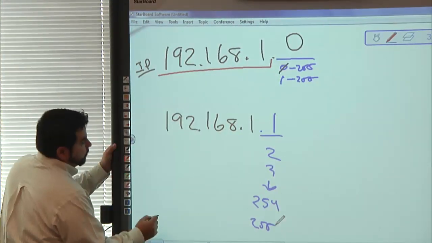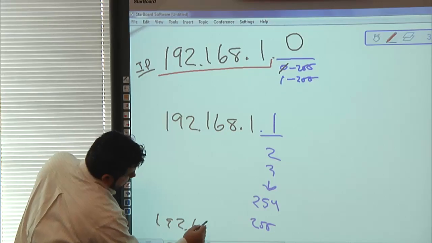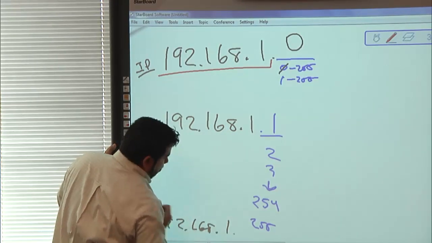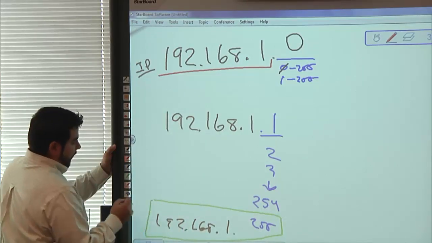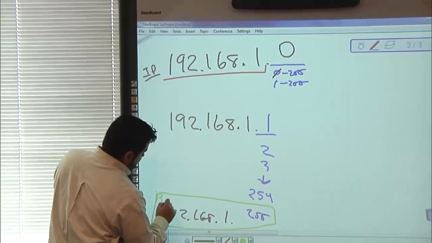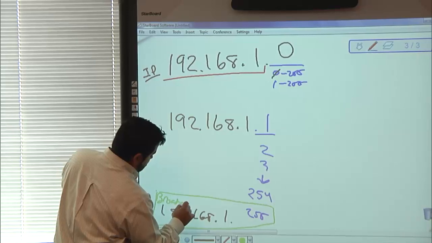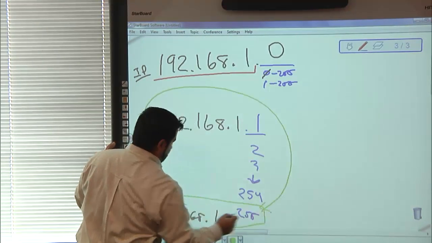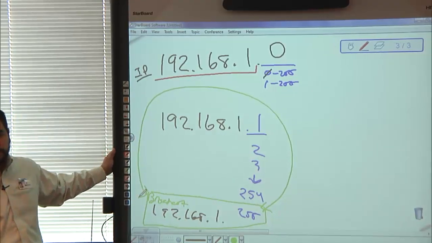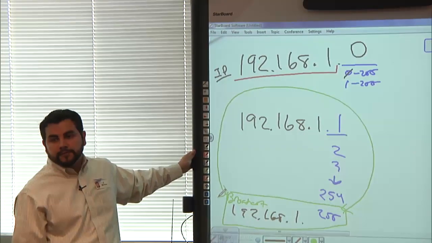Well, there's only one trick with that. 192.168.1.255 has to become something known as your broadcast, that all your computers use to talk to each other whenever they're lost. They're like the shoulders of the freeway. They're there, you're just not supposed to drive on them.